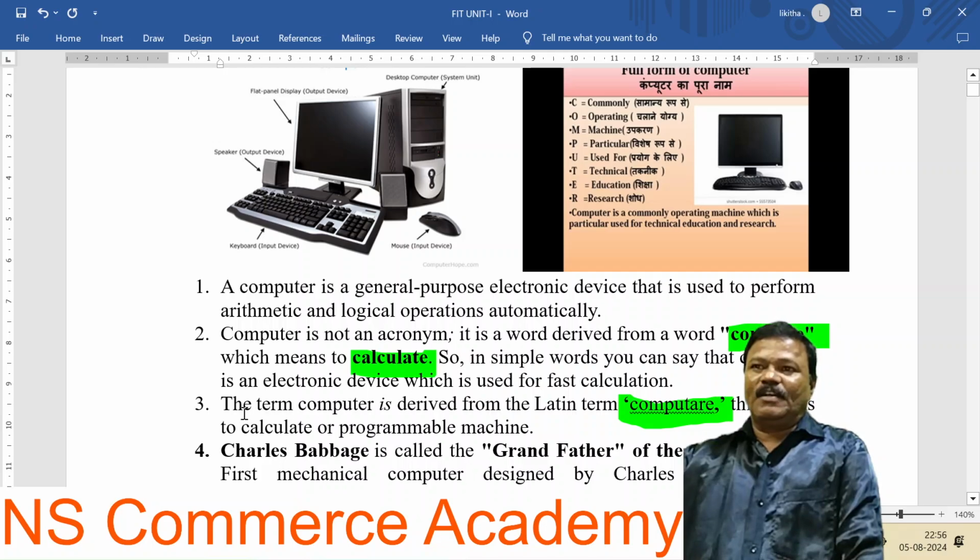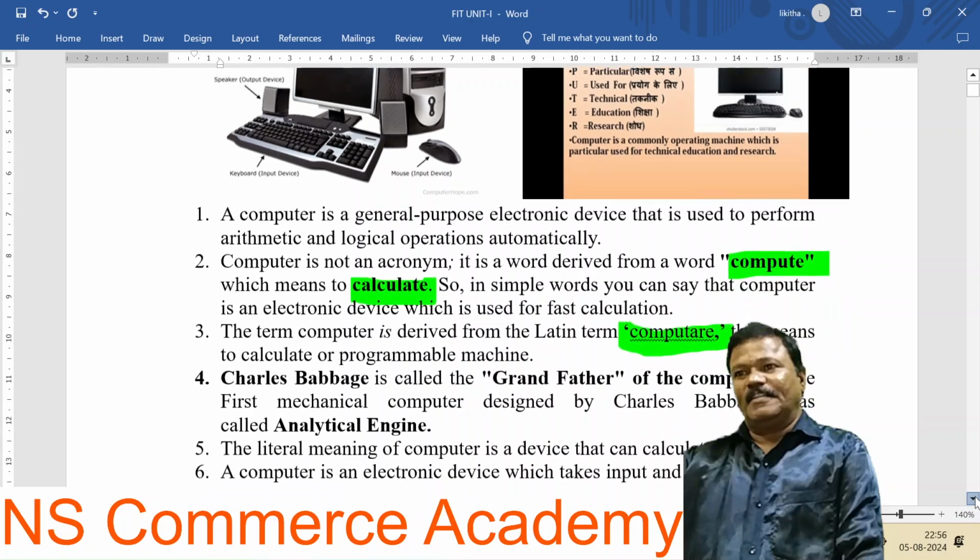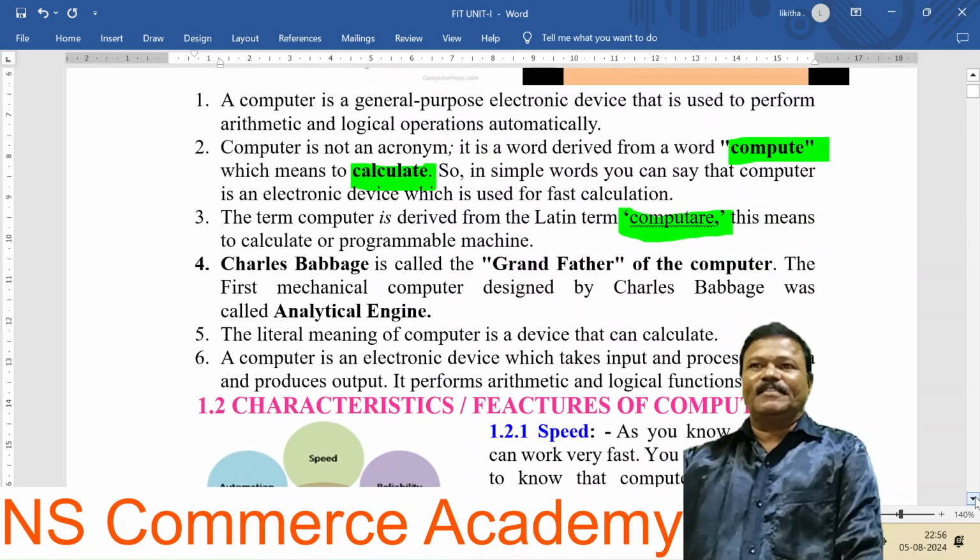The term computer is derived from the Latin term computare. This means to calculate or programmable machine. Charles Babbage is called the grandfather of the computer. The first machine designed by Charles Babbage was called the analytical engine.